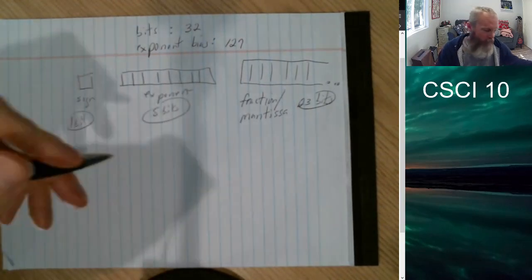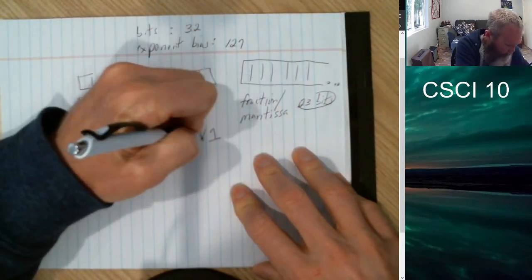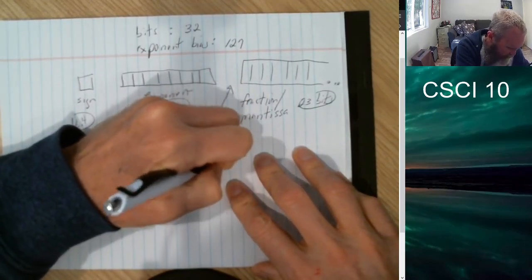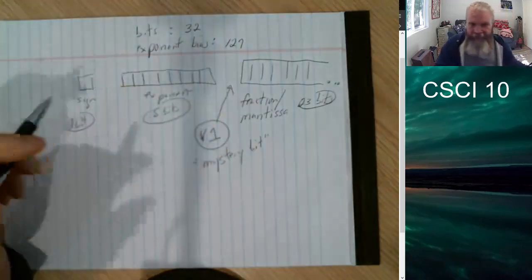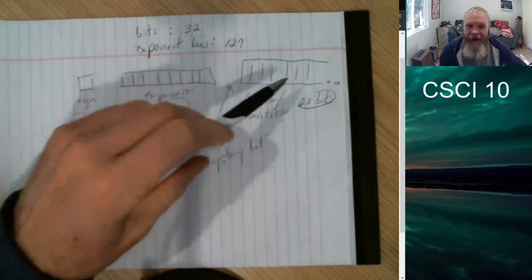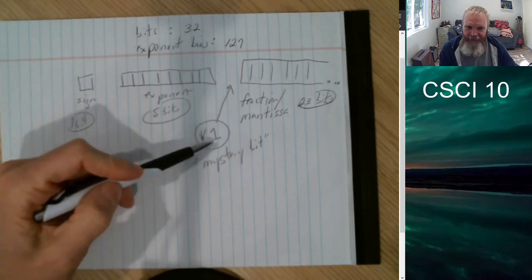Now the thing that you don't see is what I call the mystery bit, because it's a mystery to me how they figured this out. Not included in those 32 bits is the mystery bit.